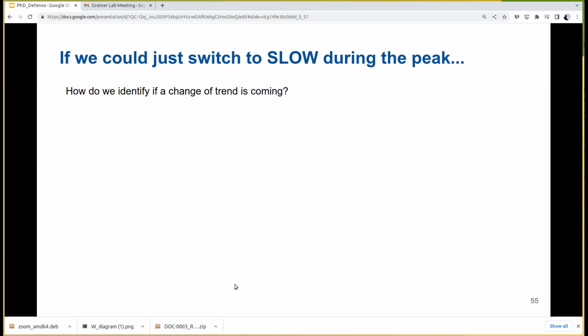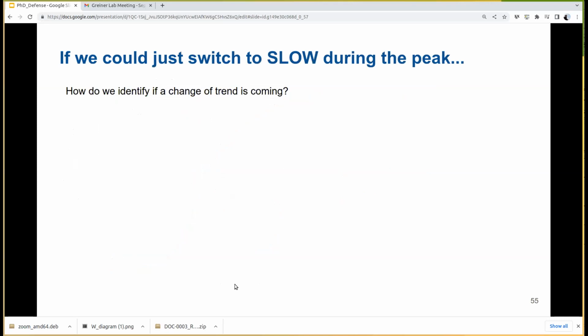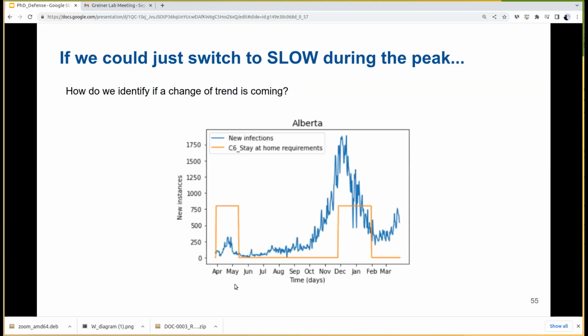So if we were able to identify when this change of trend is happening, when it goes from going up to going down, then we could switch to a different model, for example, the more conservative, slow model. But the problem is, how do we identify when this change of trend is going to happen? And it turns out that this is closely related to the policies that we have.